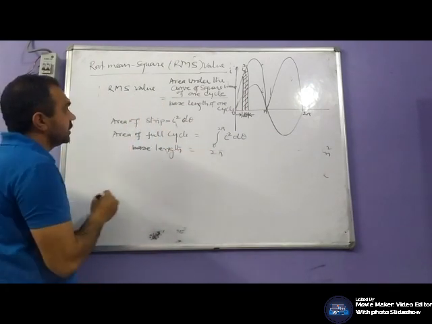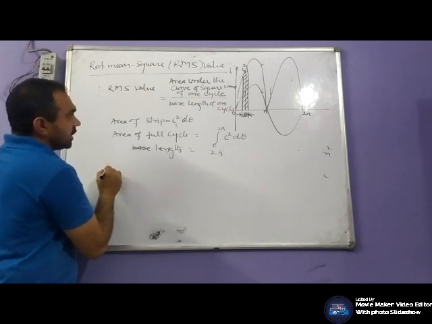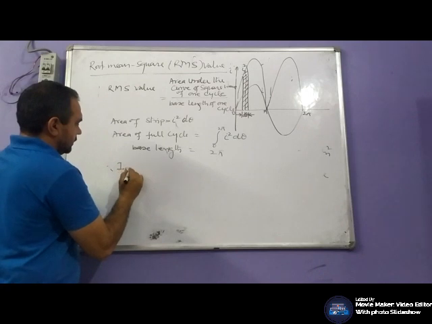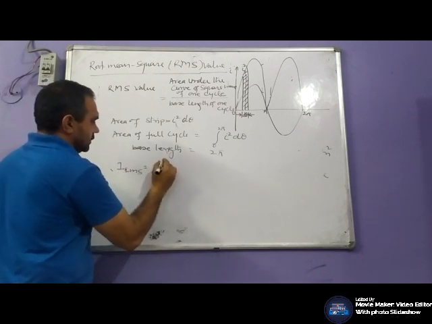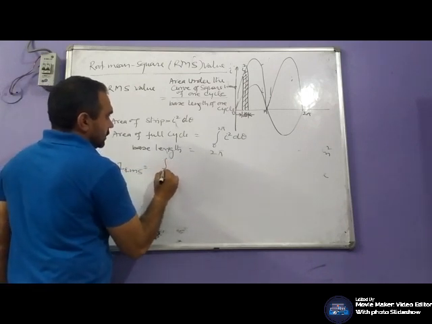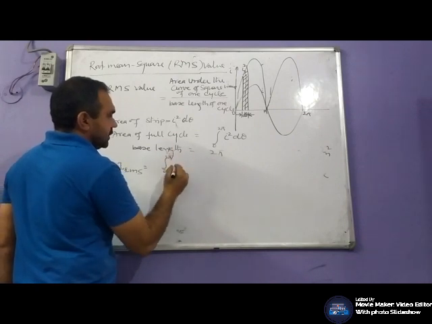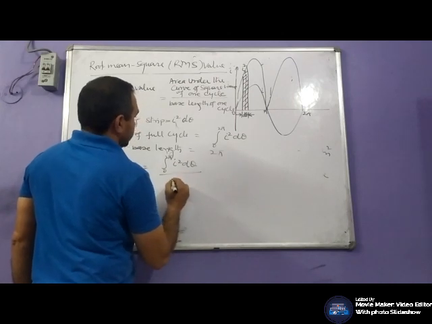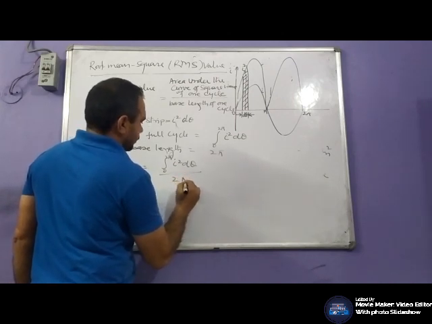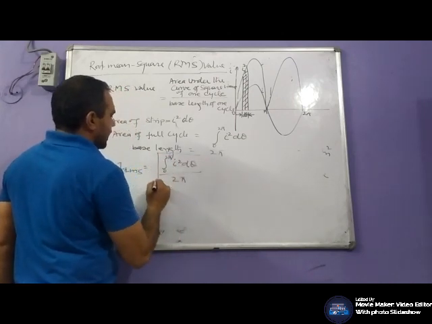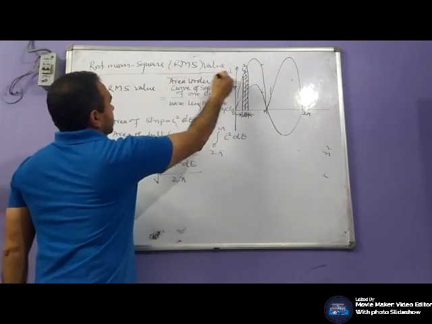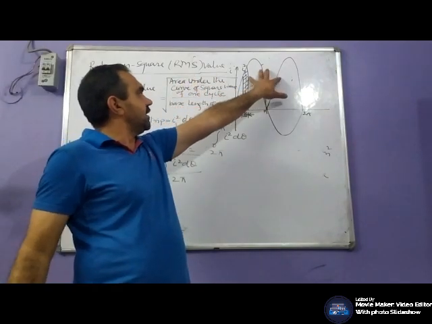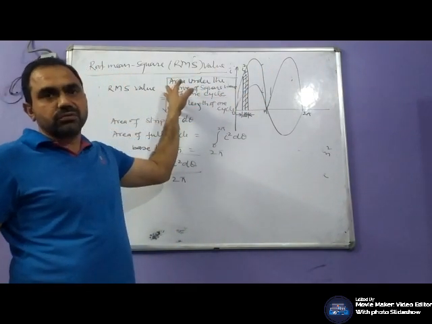What will be the RMS value of the current? It is the square root of the integral from 0 to 2 pi of I squared d theta, divided by 2 pi. The mean of the squared wave under the root is the RMS.